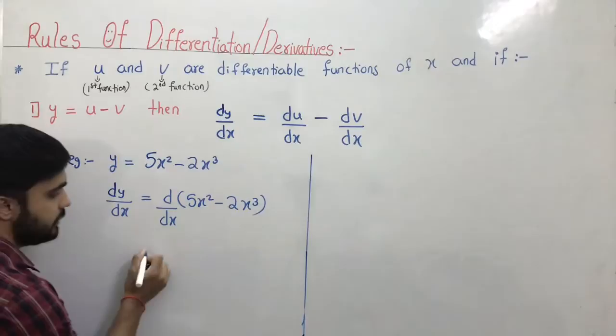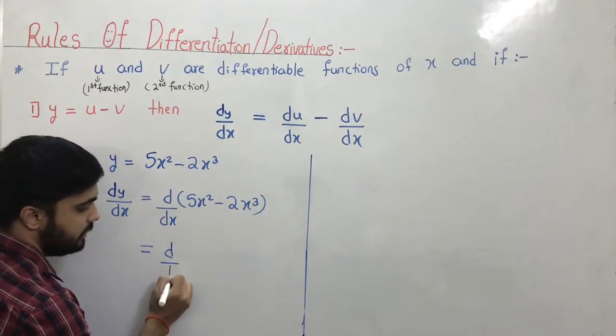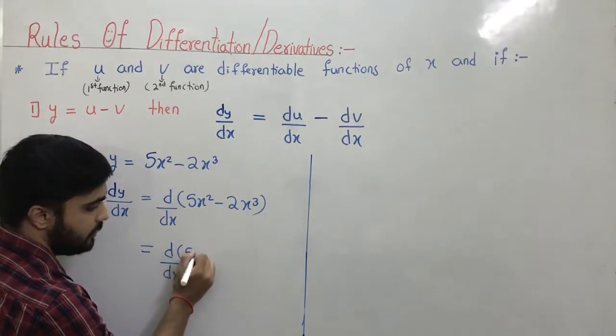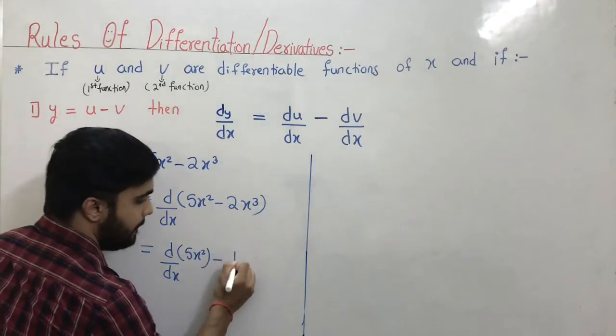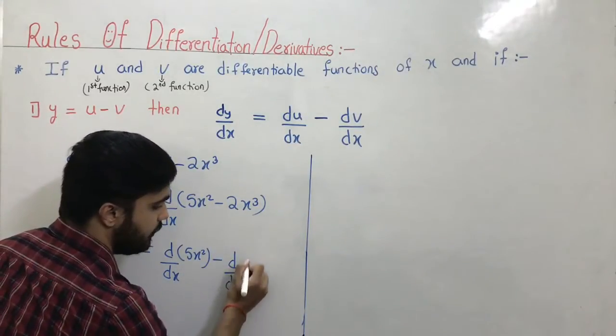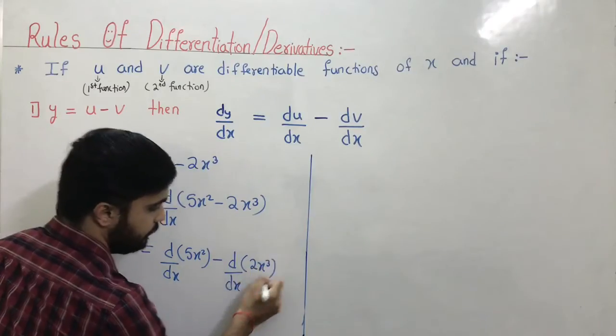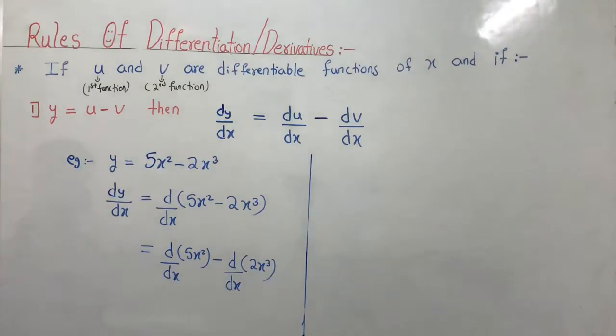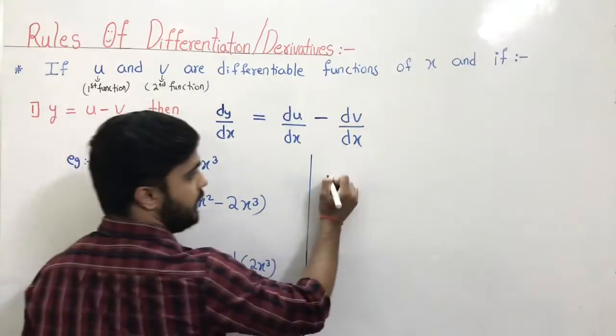So we can write it separately, that is d by dx of 5x square minus d by dx of 2x cube. Next, we know that 5 is constant, so we can take it outside.